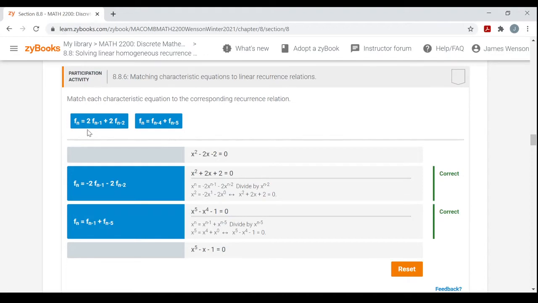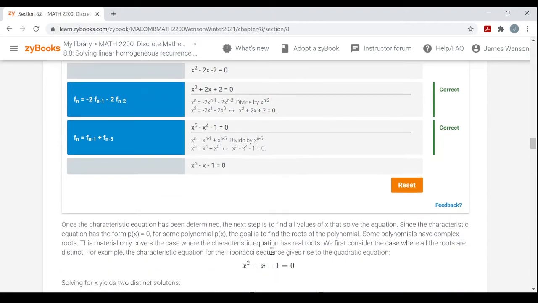So x squared equals 2x plus 2. And take everything to one side. Then again, this will be the x to the 5th term. Then minus 4, x to the first term, and then the constant. So you have x to the 5th equals x plus 1. And then take everything to one side. Hopefully you get the hang of that. You don't have to write it out all the time like I did.